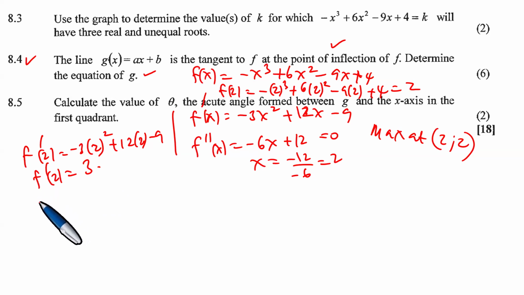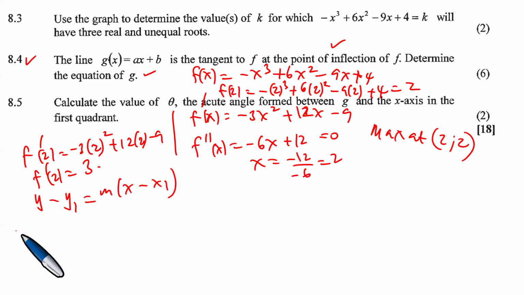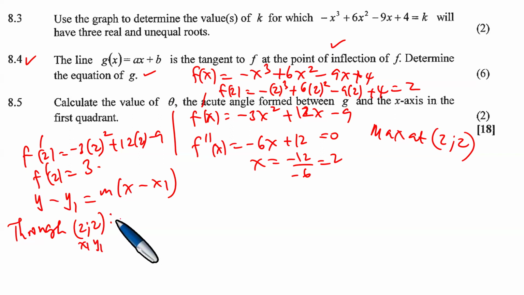Now, which means therefore we are able to use the formula y minus y1 equals m into x minus x1. But obviously this passes through the point when x is 2 and y is 2, which is x1, y1.